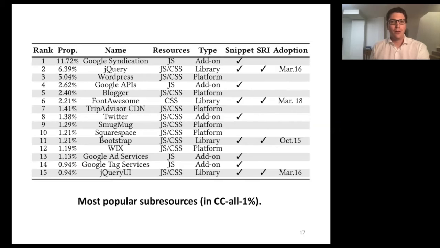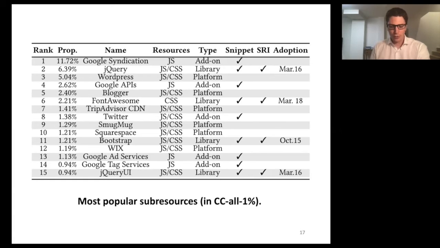So to understand the nature of the sub-resources included in web pages, we first devised a heuristic to identify them from the URL in the 1% sample of Common Crawl that we created. And this heuristic, which uses the URL to identify sub-resources, is further described in the paper. Here we see the most popular sub-resources that we identified.